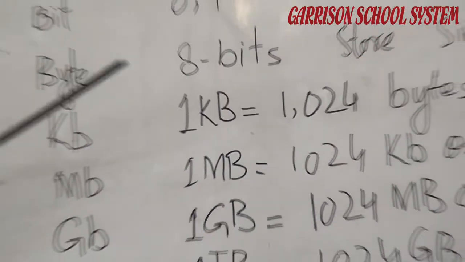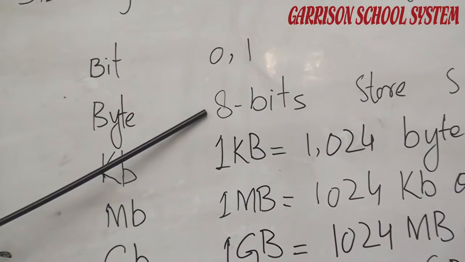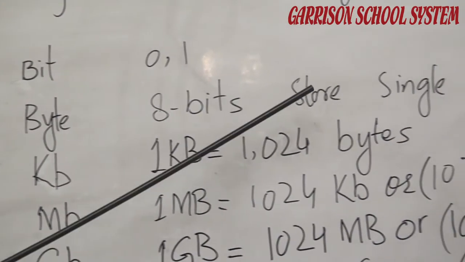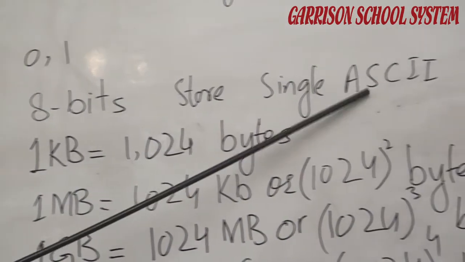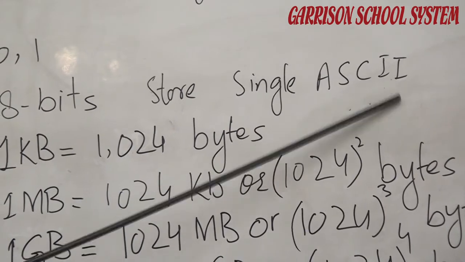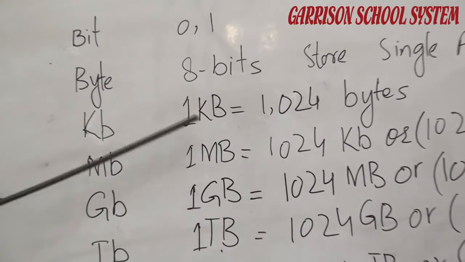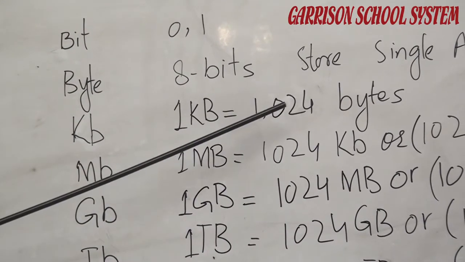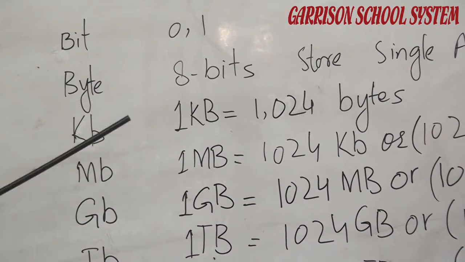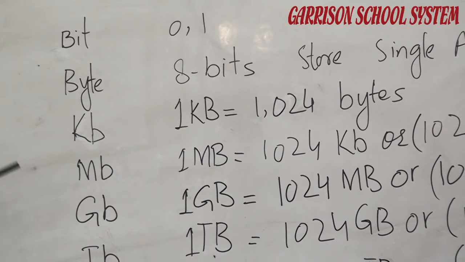Second is the byte, which stores 8 bits for a single character. And third is KB, which is 1024 bytes, that is 1 KB.